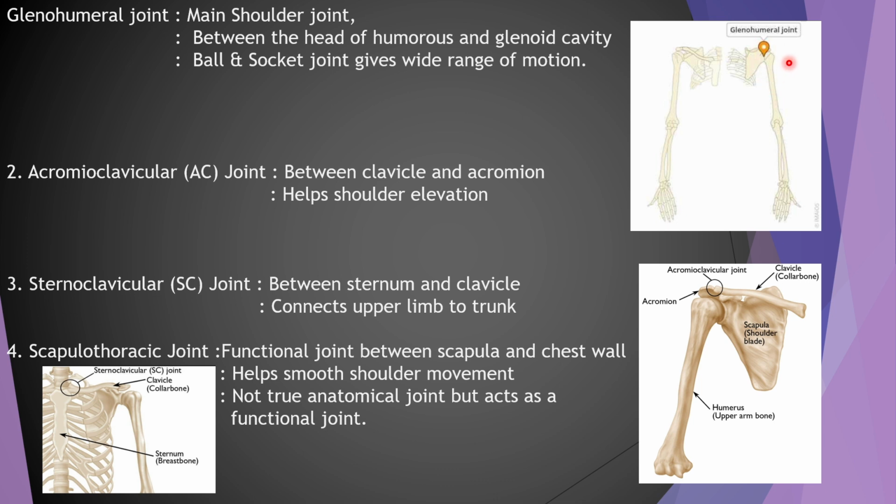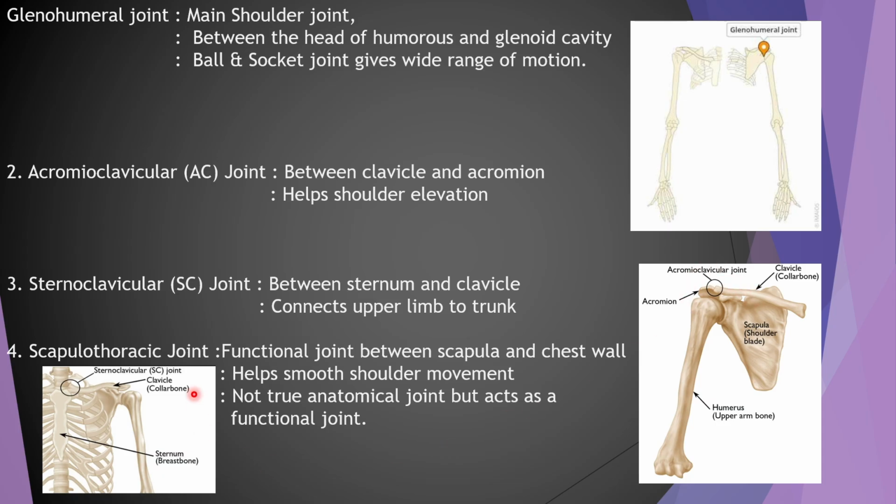It gives a wide range of motion and is also called the ball and socket joint. Now the second one, the acromioclavicular joint, which is between the acromion and the clavicle.